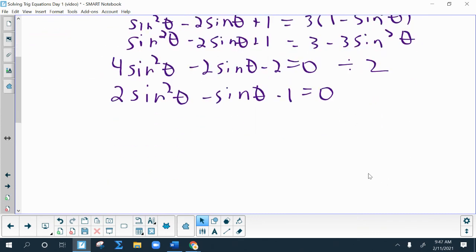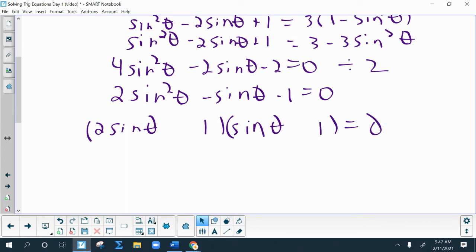Like I said, this takes up quite a bit of space. And now I'm going to factor this. All right, let's see here. So I think this needs to be a negative and this has to be a positive. And then I'm going to set each one equal to 0 and solve.